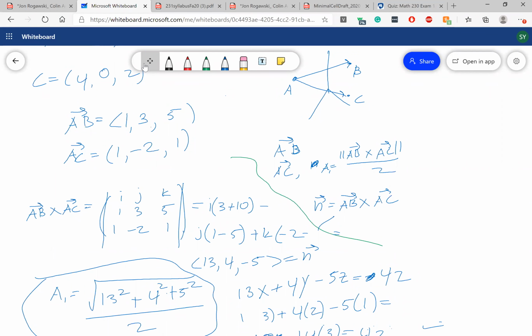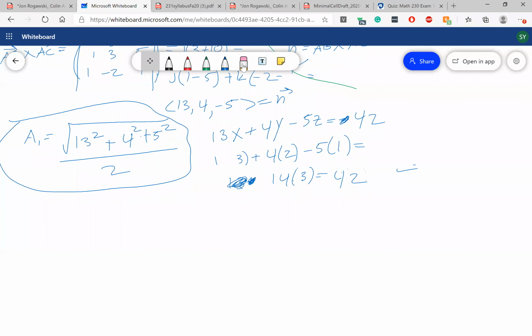Okay, so let's try the point C. So the point C is 4, 0, 2. So 13 times 4 plus 0 minus 10. So one second.